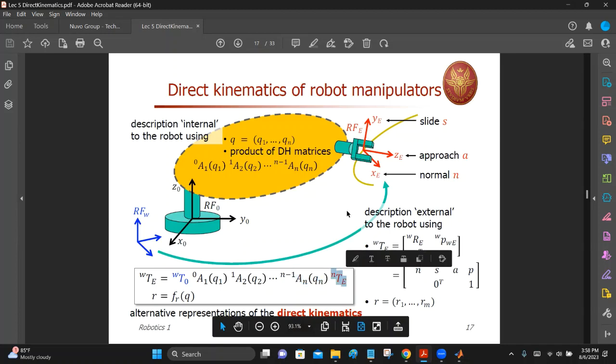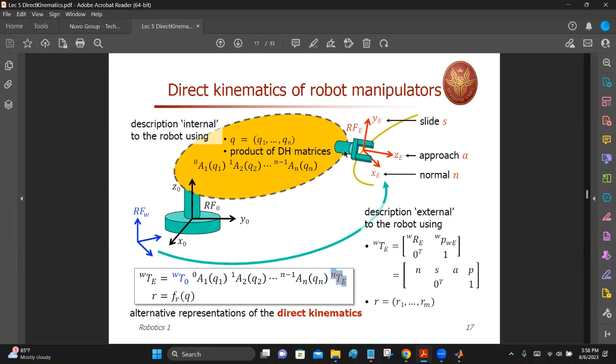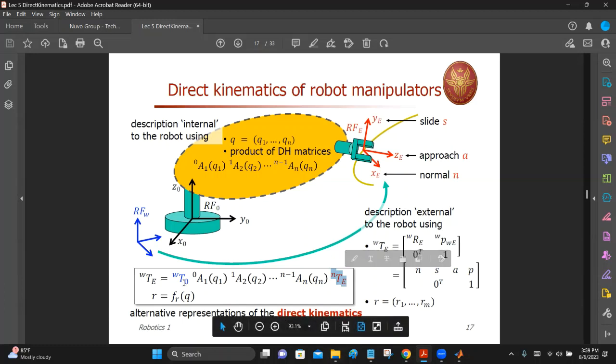And the transformation from the last coordinate frame to the tool center point, this point, is defined by this transformation, NTE. Again, that is also something you have to manually find out by measuring the distances and so on, right? And it's a fixed thing afterwards. So with those two transformations, you are good to go.